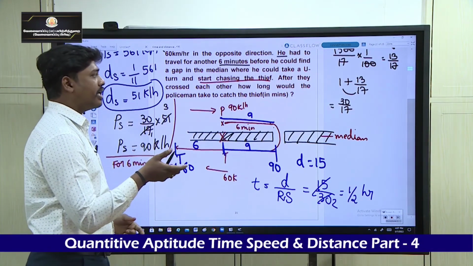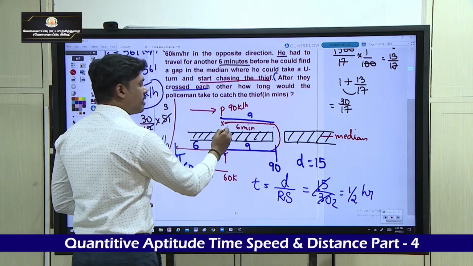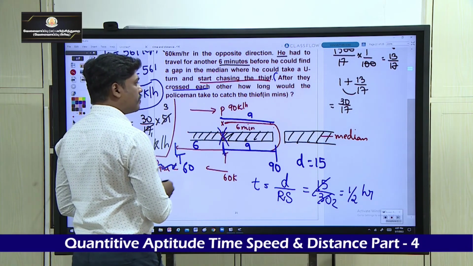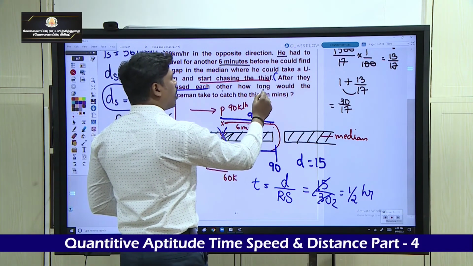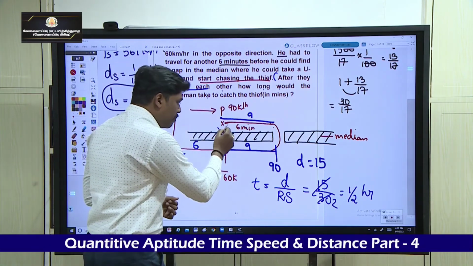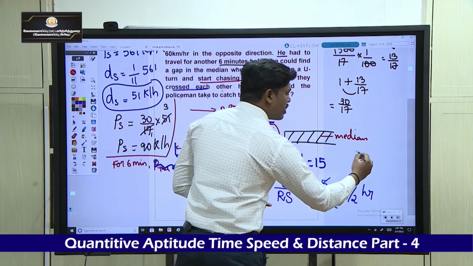But the question asked here is, after they cross each other, this is the point they cross each other, how long would the police take to catch the thief? So from this point we have to find the timing. Half an hour means 30 minutes.